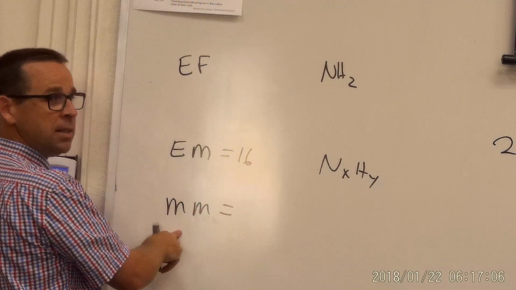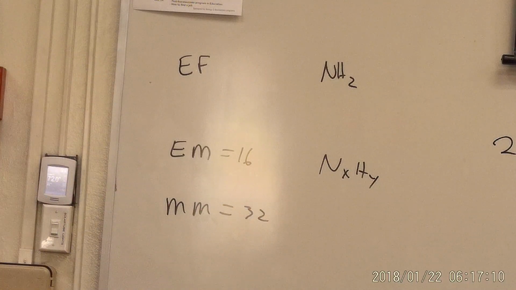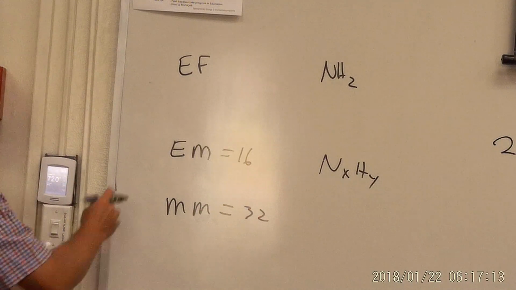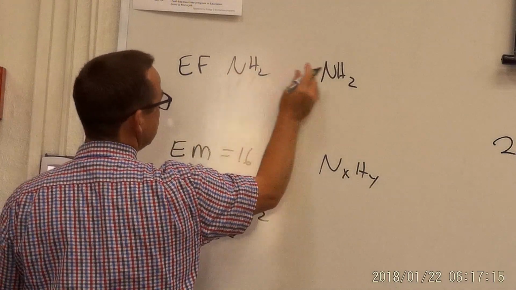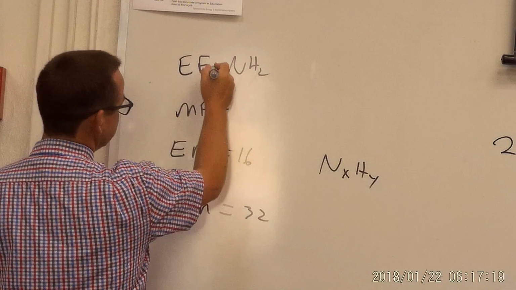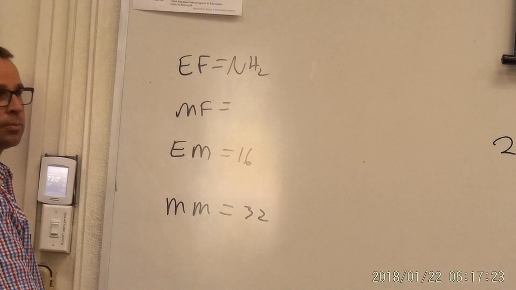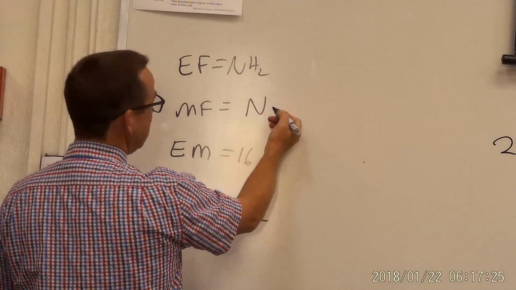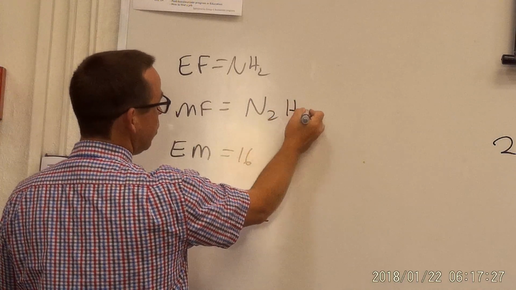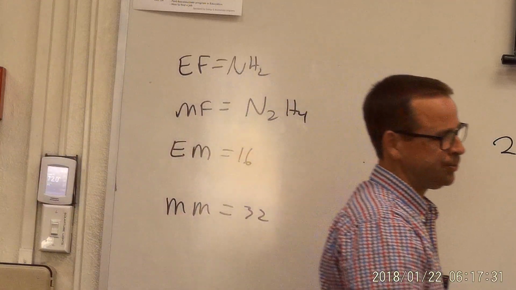And the molar mass is 32. Empirical formula, NH2. So what's the molecular formula? N2H4. Right? Can you see that?